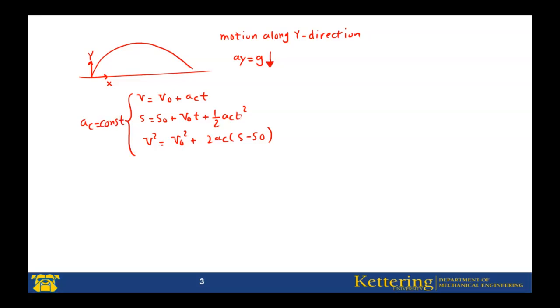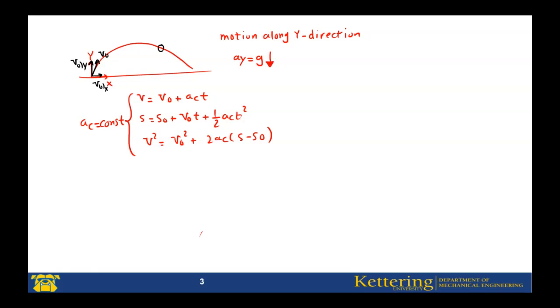Now I want to use these equations for the projectile motion along the y direction. As I explained, the initial velocity along x is v0x, and the initial velocity along y is v0y.